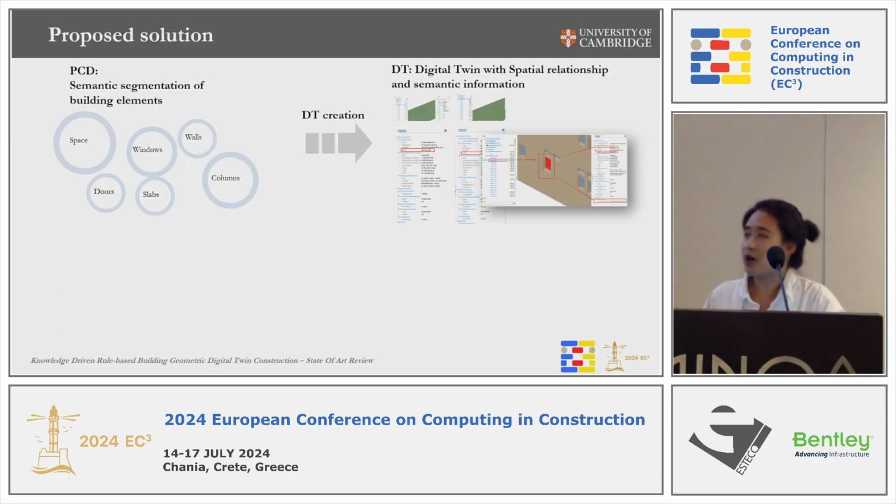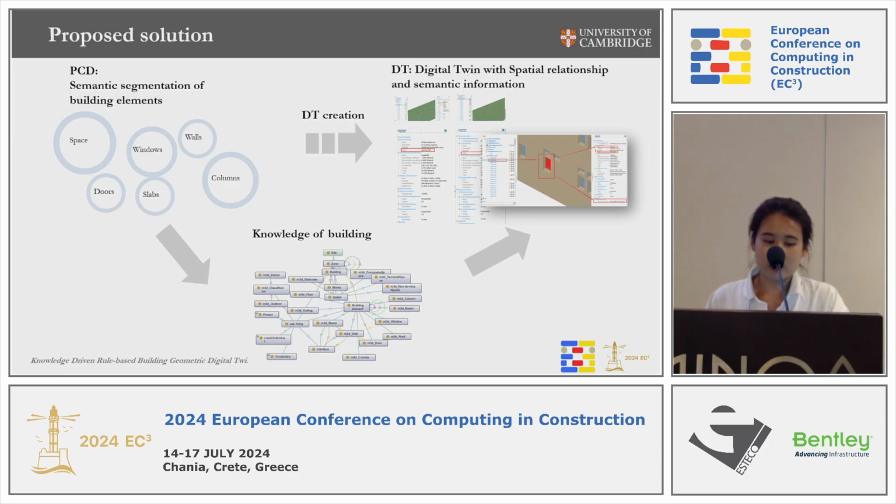This is our common process for dealing with point cloud data: we do semantic segmentation to categorize it into different building elements, for example spaces, windows, walls, doors, slabs, columns, etc. And then we want to build the digital twin with spatial information in the model.